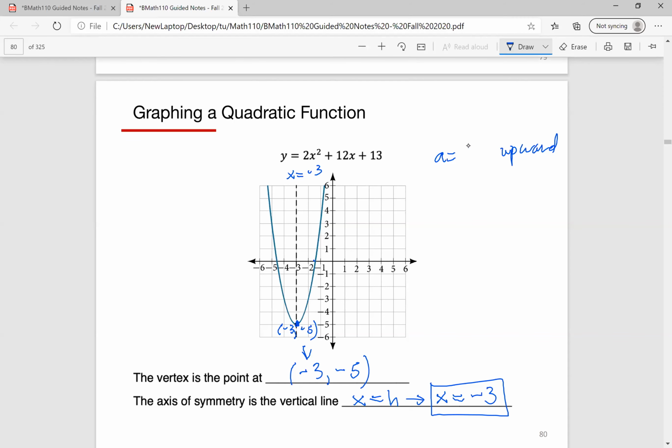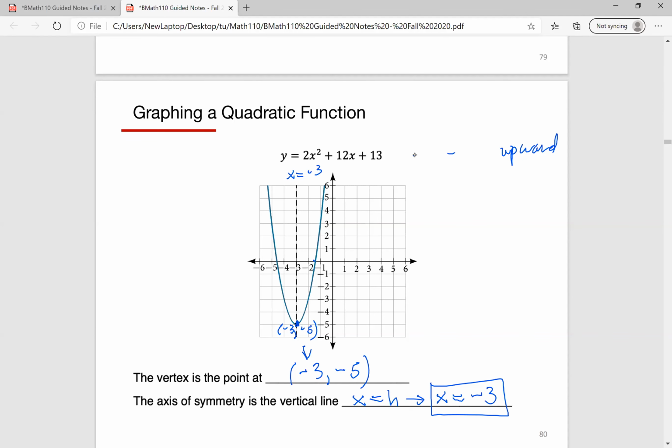A equal to 2 is greater than 0. So this is an upward parabola, and you may try to have some points so then you can graph easily. So maybe I choose x and here is y. You can choose some easy value.